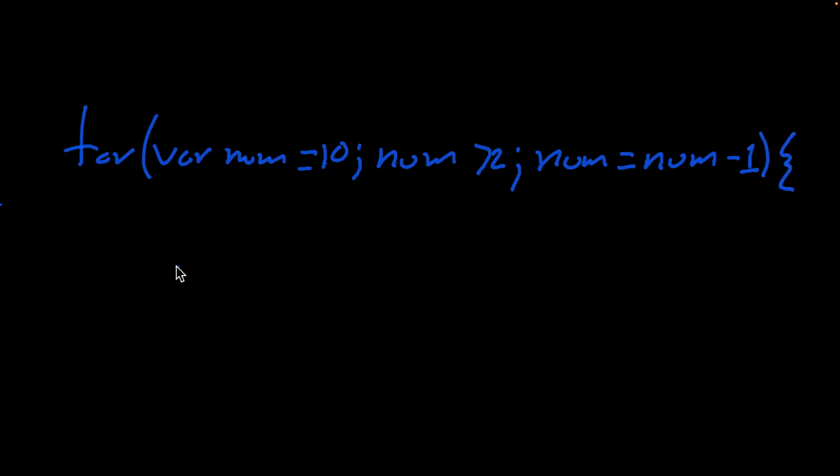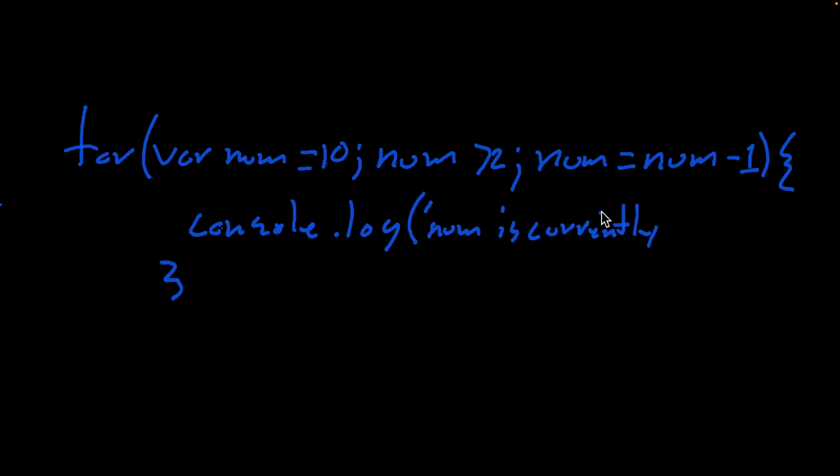And then we are going to console log, num is currently, and then a comma, num.